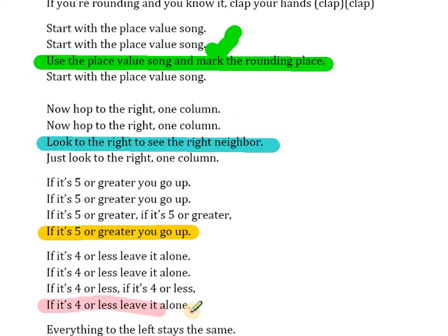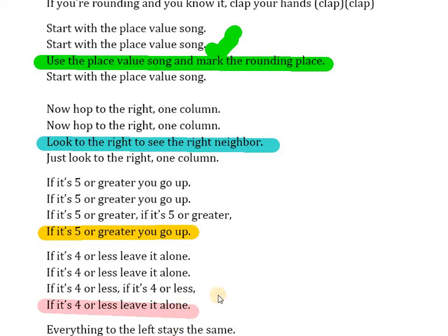If it's 4 or less, leave it alone. That means that when you look to the right neighbor, if the right neighbor is 4 or less, 4, 3, 2, 1, or 0, then you're going to round down. That means that you're going to leave the rounding place alone.